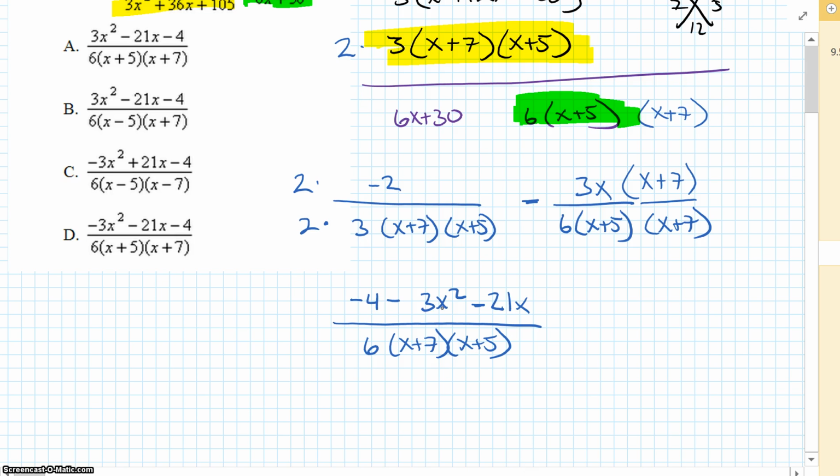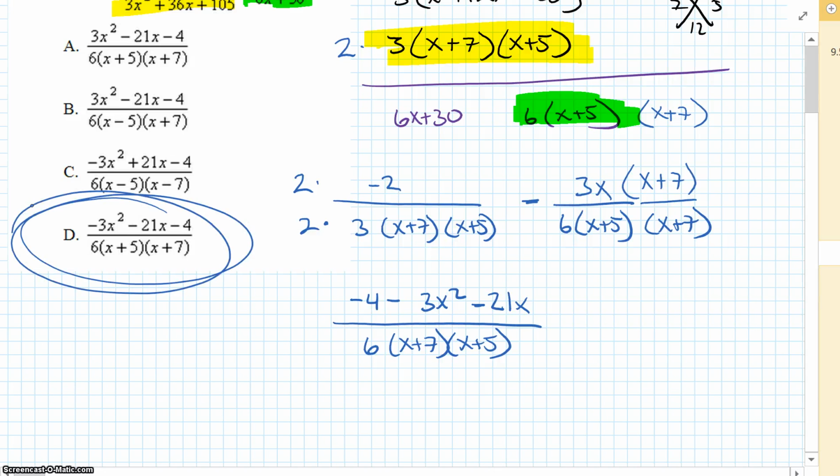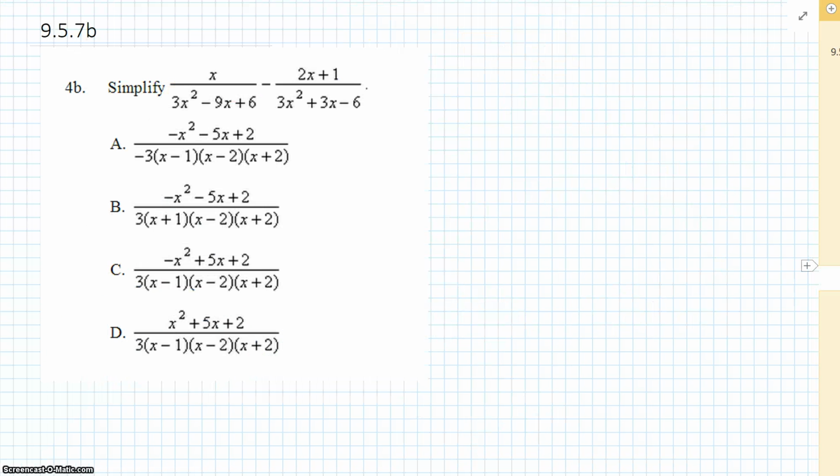So negative 3x squared minus 21x minus 4 over 6 times x plus 5, x plus 7. Alright, answer is D.